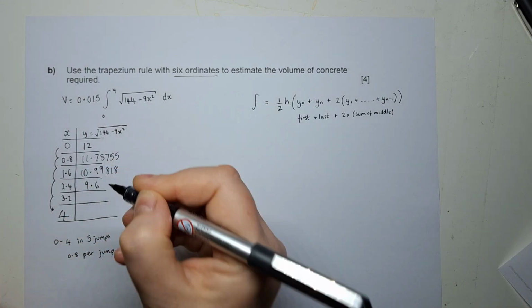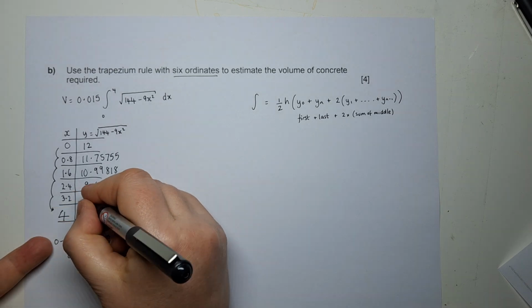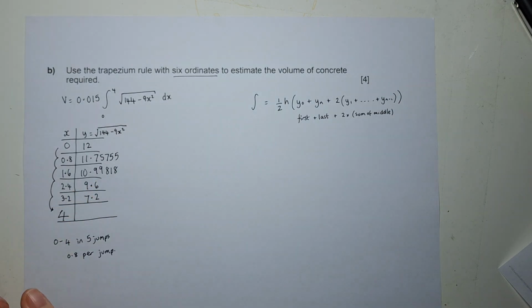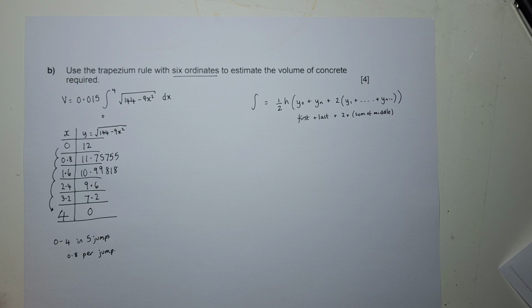Not a very long decimal there, 9.6. Oh, the next one's nice as well, 7.2. And then 0. Okay, so those are our y's.